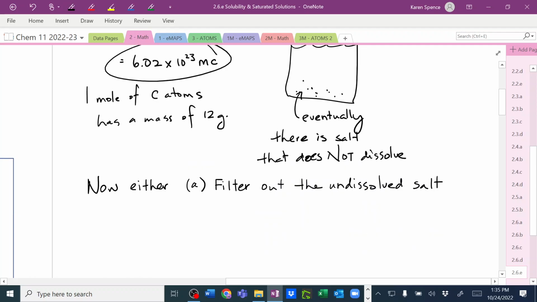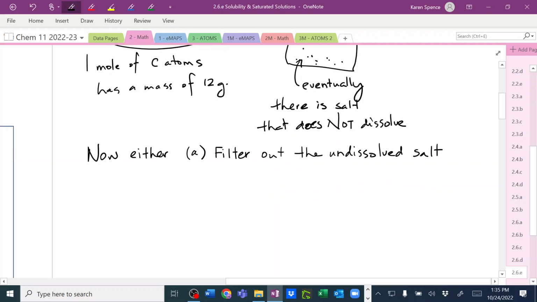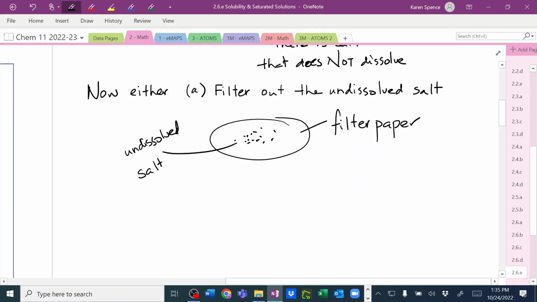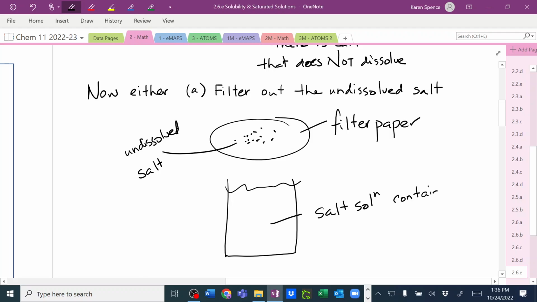What would you do now? We now have a piece of filter paper, and it's got undissolved salt on it. And we have also solution containing the maximum amount of salt.